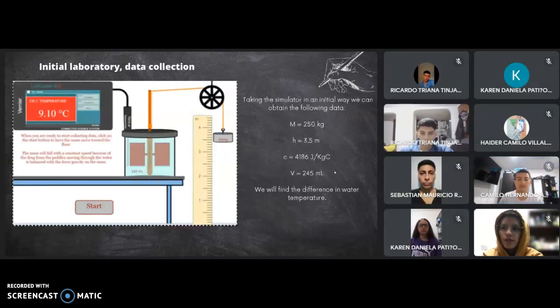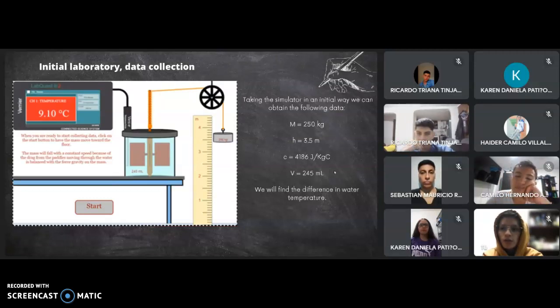Using the simulator in an initial way, we can obtain the following data. The mass of the block is 250 kilograms. The height of the block to the ground is 3.5 meters. The specific heat of water is 4,186 joules per kilogram per degree Celsius.